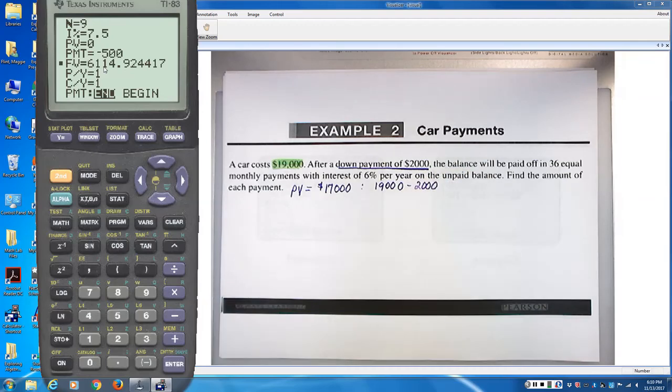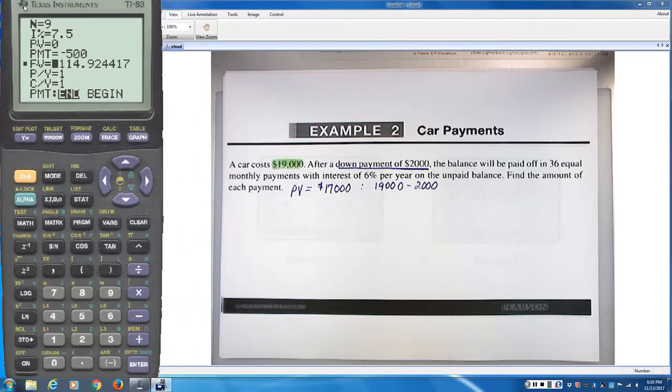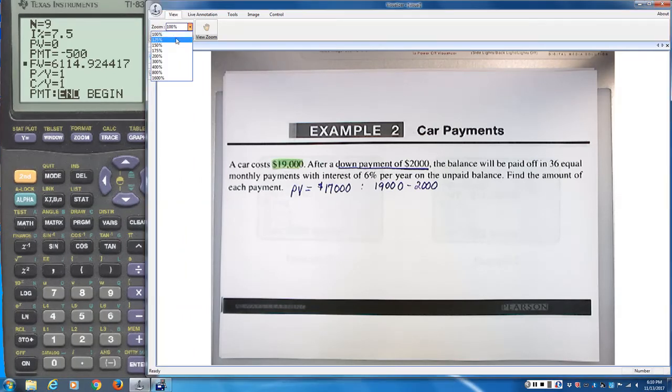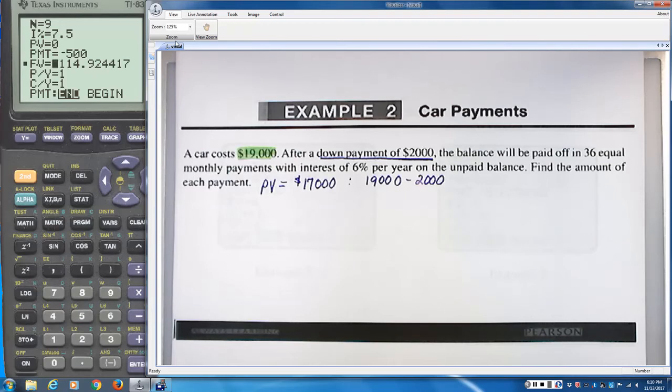So there's your present value for your loan. See if I can't move that so we can make that actually a little bit bigger. There we go.